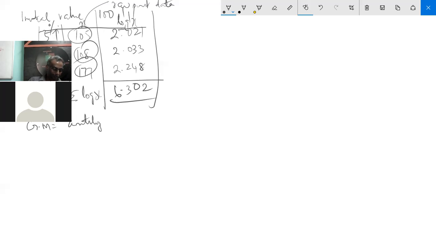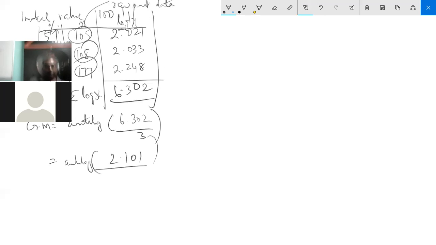Sum you are doing now. 6.302 you are getting. Okay. Then anti-log of 6.302 divided by 3. That is equal to 2.101. So find the anti-log of 2.101.